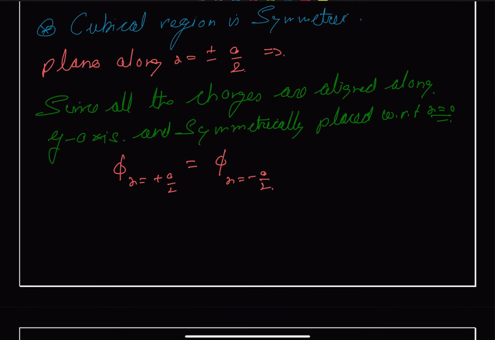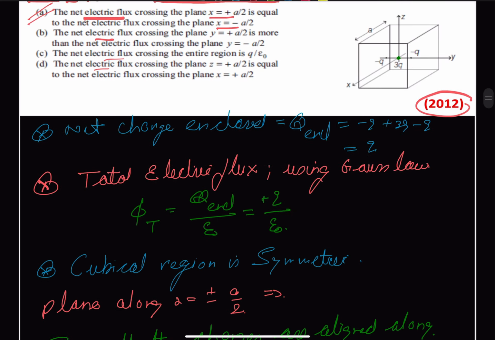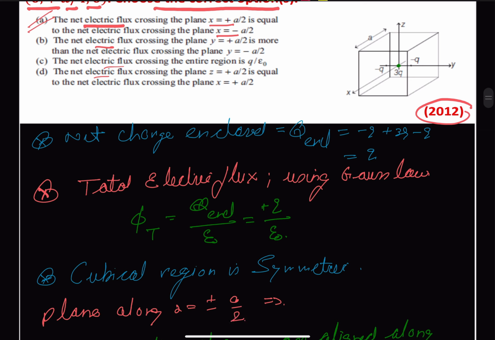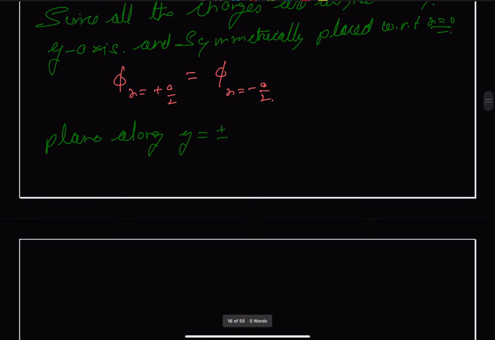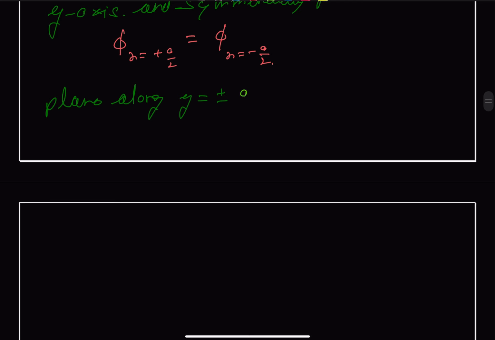Next is our plane along y is equal to plus minus a by 2. Here it states that net flux crossing plane y is equal to plus a by 2 is more than the net flux crossing the plane at minus a by 2. In the first case it was equal and it is saying it is more.